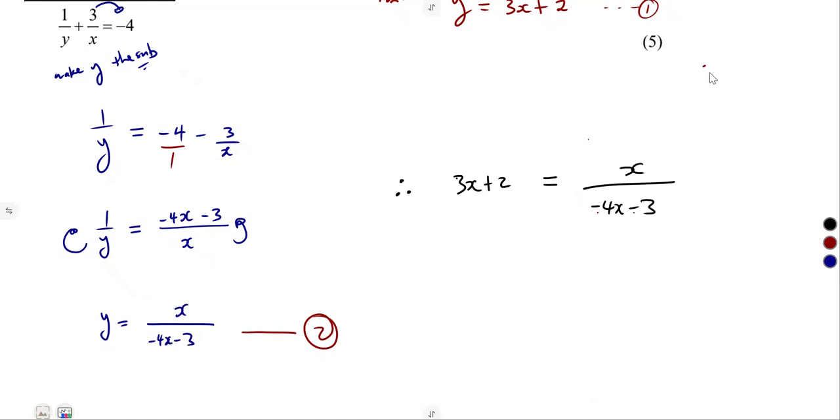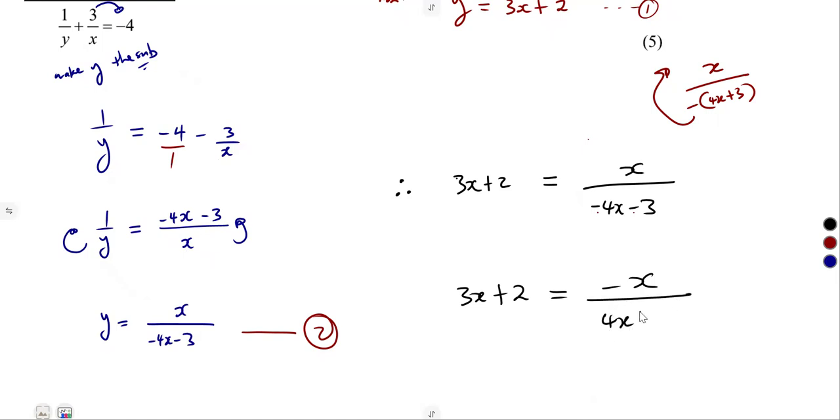It's going to be x over negative 4x plus 3. The moment we factor out the negative, the negative can be written on top before you cross multiply, so it's going to be negative x over 4x plus 3.